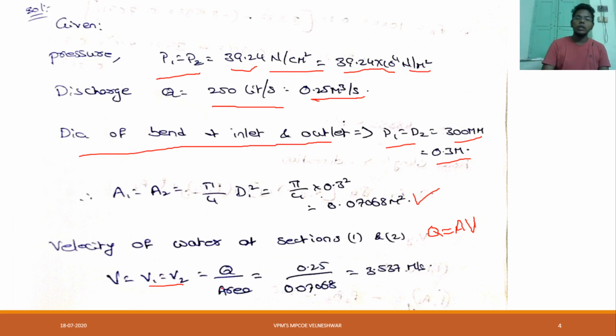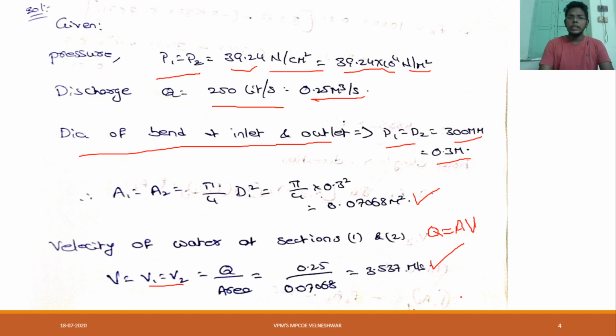Here A1 is equal to A2 and Q is the same, so V is equal to V1 is equal to V2, that is 3.537 meter per second. Now P1, A1 and V are all known values.